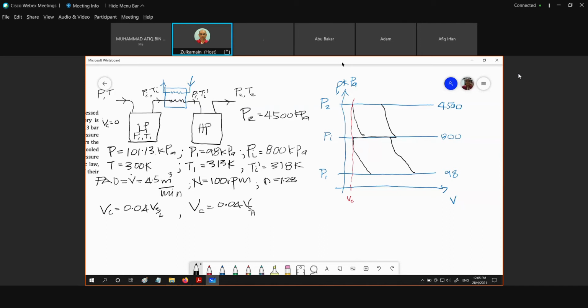This is the induction based on the free air delivery. This is the delivery of our compressed air. Okay, so this is our direction of process, and for the high pressure, this is the direction of the process.